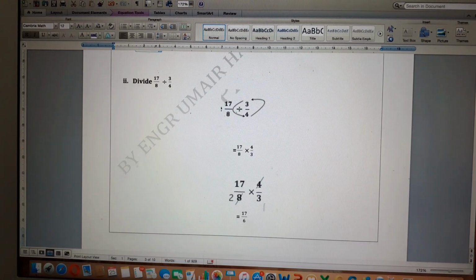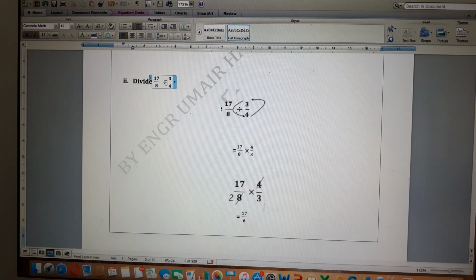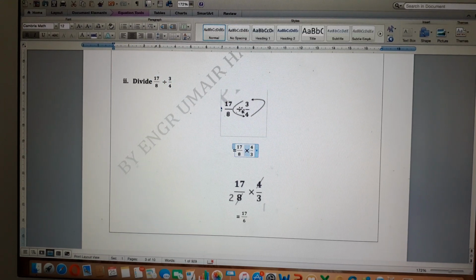However, in case of division of fractions, you have to convert the division sign into a multiplication sign, and upon conversion you take the reciprocal of the second fraction.